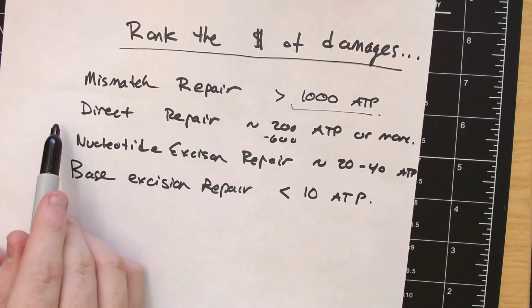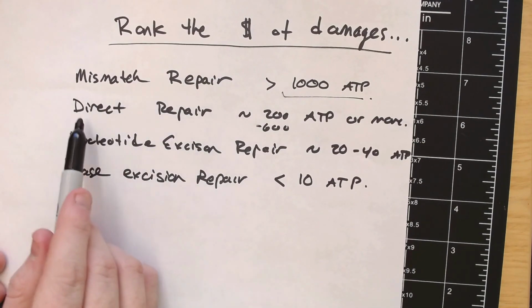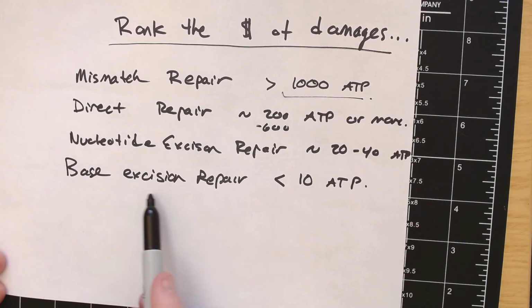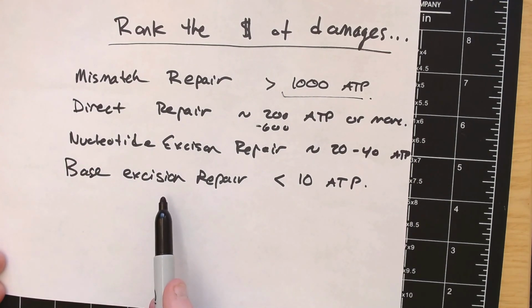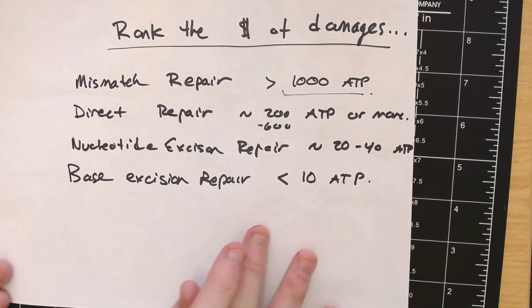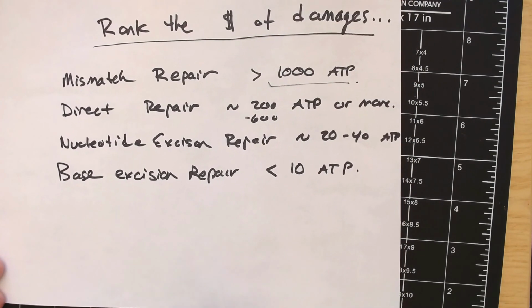So even though the solution of direct repair seems very simple, and we might think it's not so expensive compared to some of these complex repair systems, from an energetics perspective, they rank out like this.